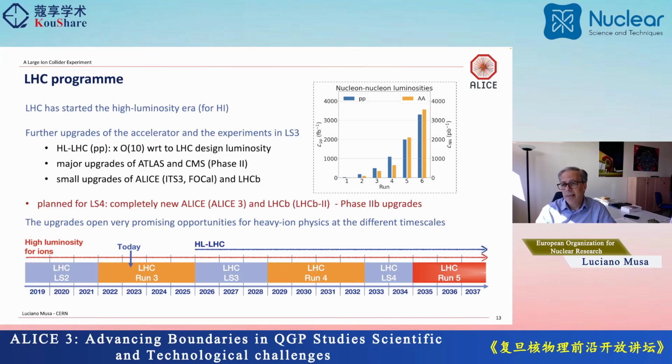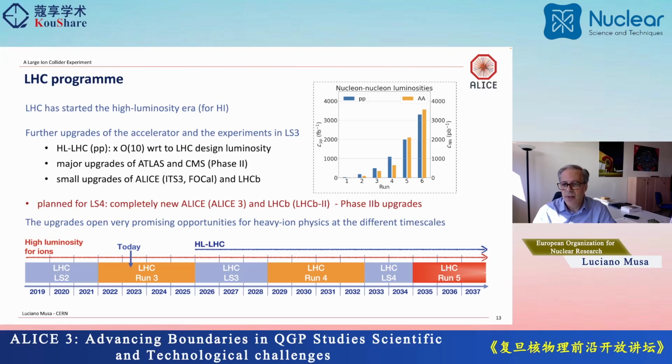to essentially complete a very important upgrade of the machine and really enter a new era of high luminosity, and also upgrade of the ATLAS and CMS experiments. And then there are 2 years of shutdown in 2033 and 2034, but then ALICE and LHCb plan to install, respectively, 2 new detectors, which we refer to as ALICE 3 and LHCb 2.